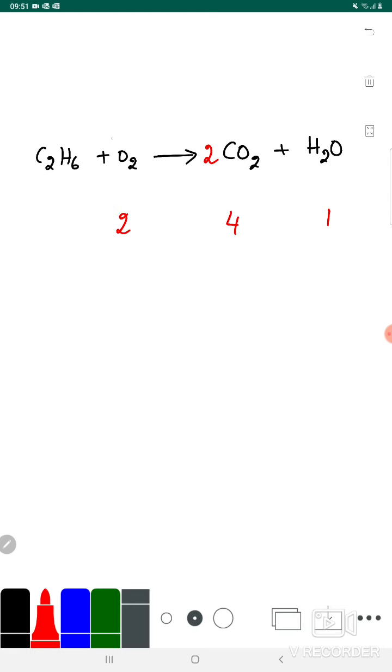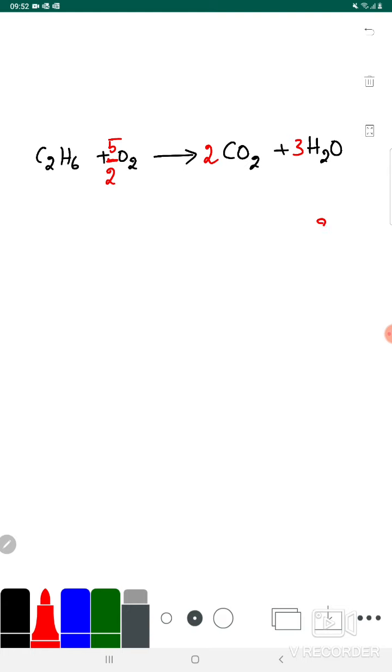So what I will do, I will write this as 5 by 2. Sir, can we write 5 by 2? Yes sir, you can write 5 by 2, it is not a problem. So 5 by 2 into 2 will become 5. So then moving on, I have 6 hydrogens over here, whereas I am having only 2, so make this 3.